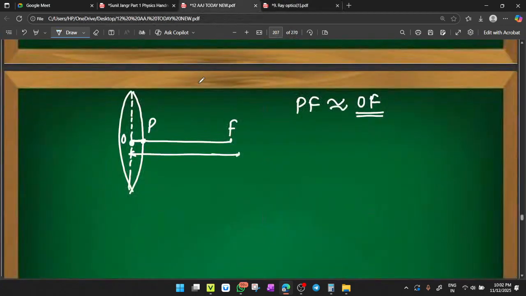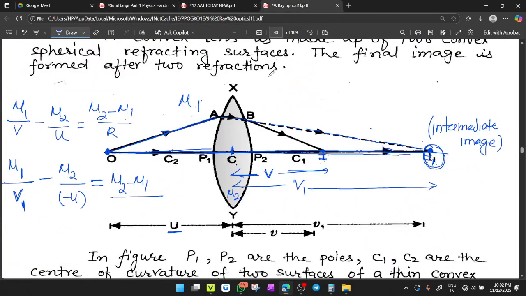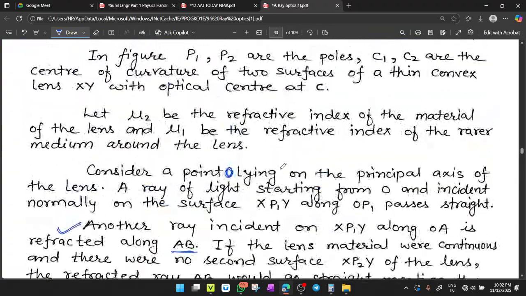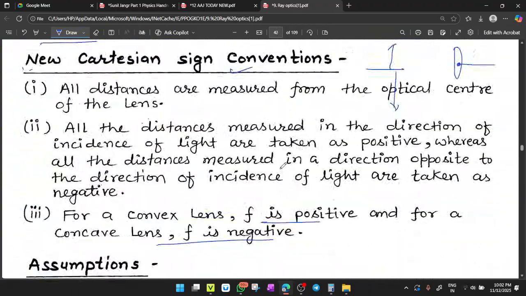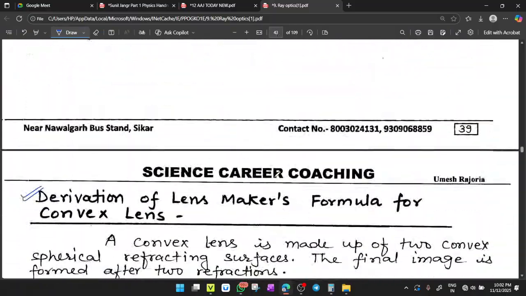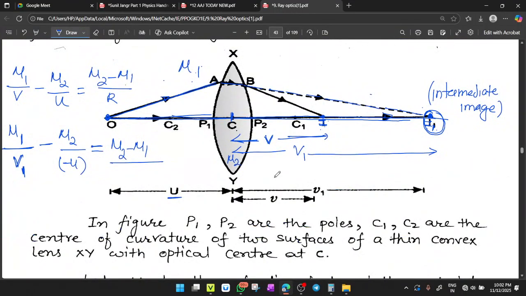Here R1 equals R, because our center of curvature C1 is on the right side. So this is equal to R, capital R.